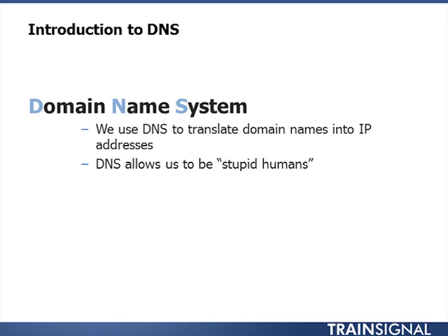Because I'll tell you what, I work here and I don't even know what it is. So as stupid humans, we like to think of things with simple names, and the computer wants to actually communicate between these different systems using IP addresses. And it's DNS that will do that conversion for us.